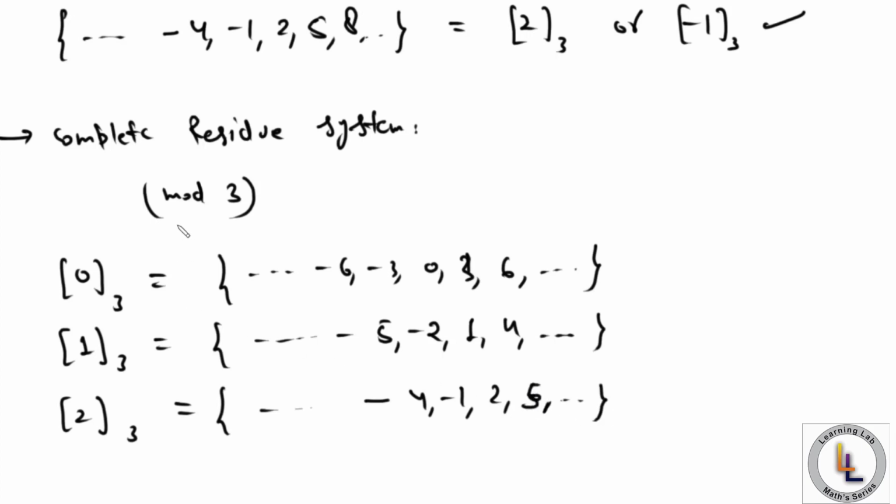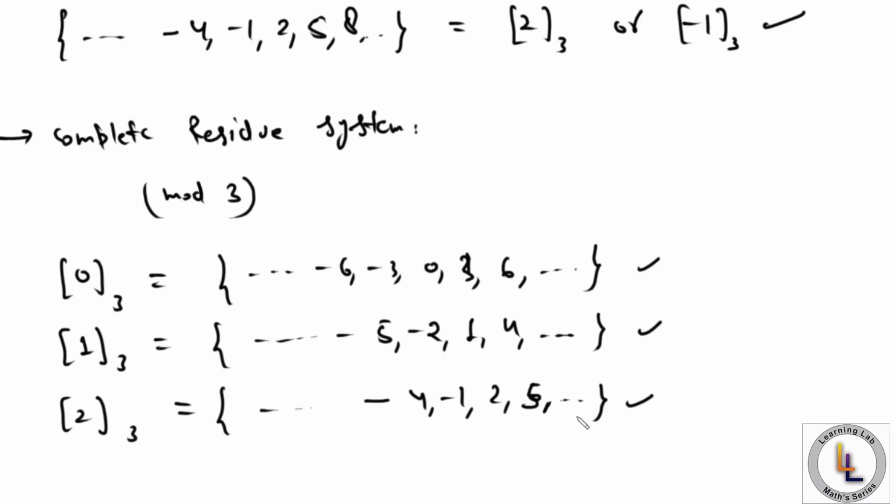So when we are dealing with mod 3, we have 3 distinct residue classes. If we select one element from each of these residue classes, we can construct a complete residue system.